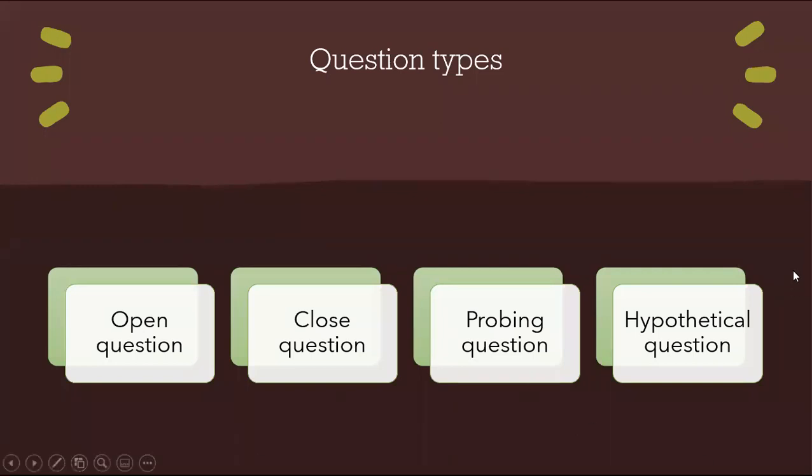It is used to test the hypothesis, to test the scenario, to test the reaction from the other party. A closed question is used to confirm something, to close something. And a probing question is used to discover facts and investigate the other party.